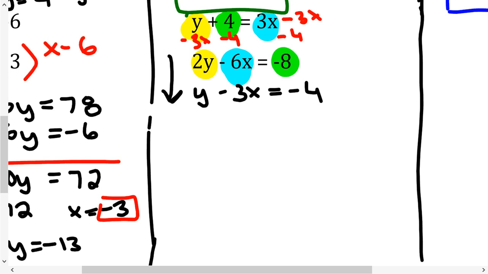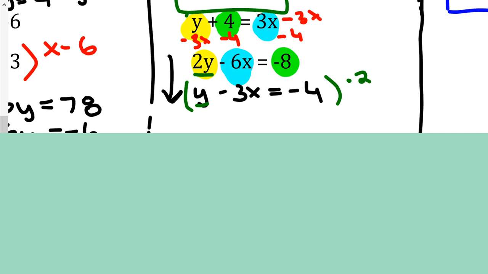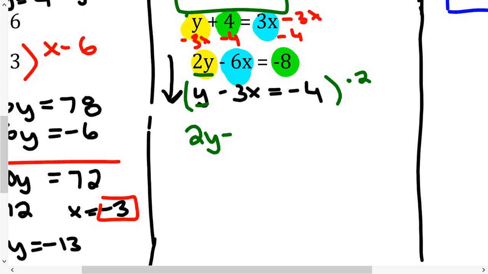Now, I want to figure out how to get those matching coefficients. Here I'm seeing this 2y and this y. Let's just make that whole second equation 2 times bigger. So I'm going to get a 2y, a minus 6x, and a minus 8, when I multiply everything here by 2.